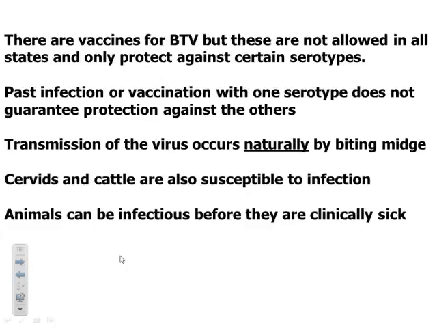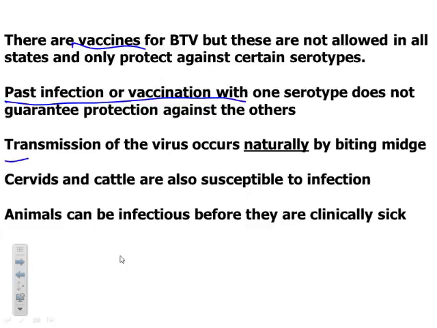So there's a vaccine, but it doesn't protect against all blue tongue, and it's expensive. Also, just because you've been vaccinated against, say, blue tongue type 1, it doesn't protect you against blue tongue type 2. And there's more than one type in the United States, so it's an expensive thing to decide: do I want to vaccinate?